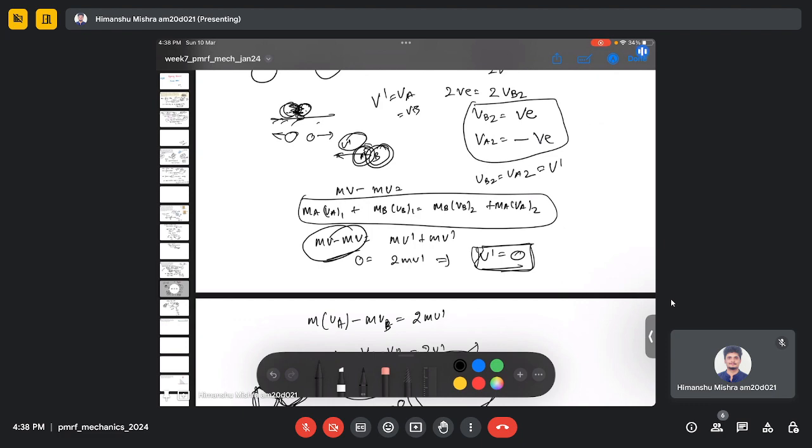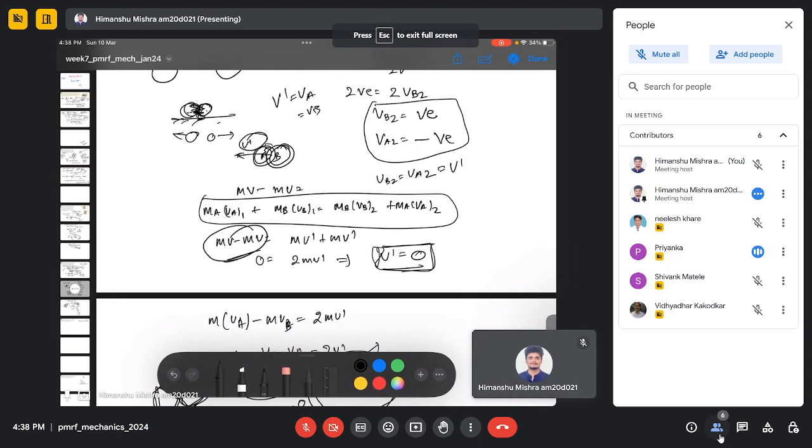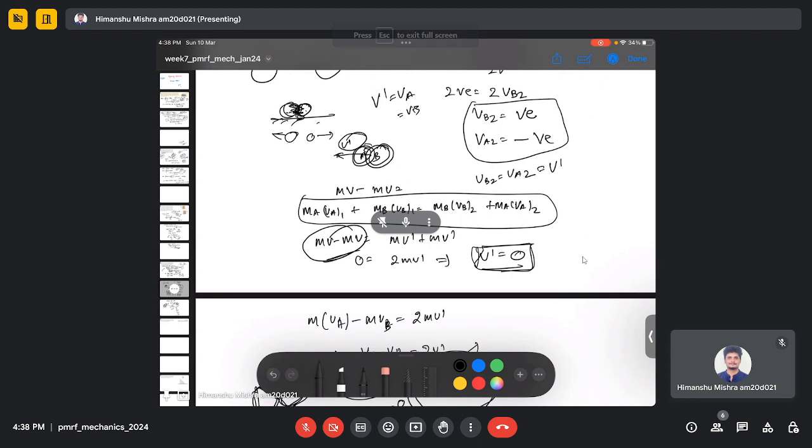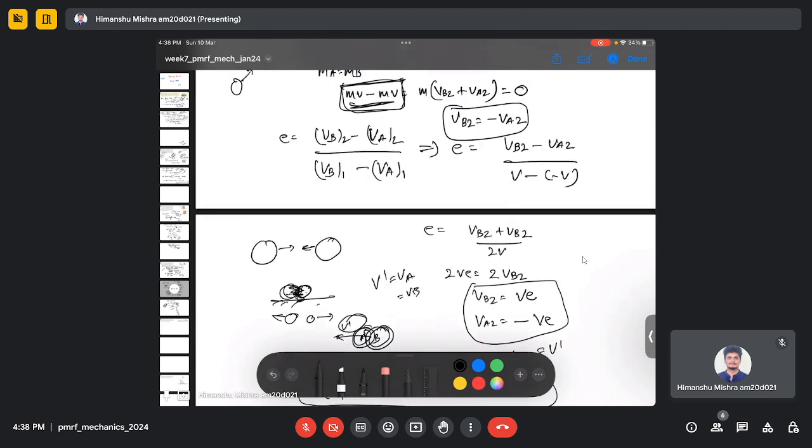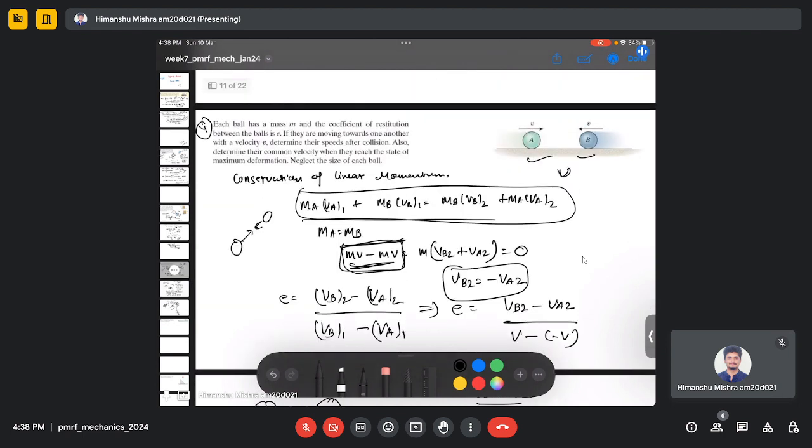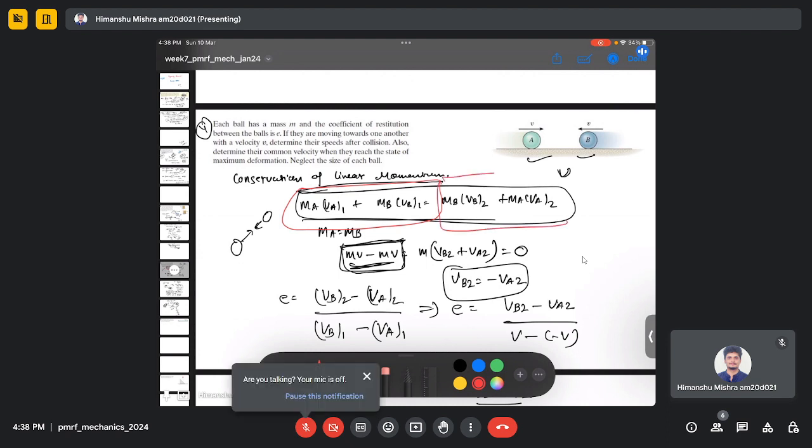Sir, since here it is moving together, then why are we getting the velocity of the first ball as minus V and the second ball as V, like in two different directions? Initially they were not moving in the same direction. The left hand part is the initial condition of this ball, where both balls were separate from each other. Then in the final state, they attach with each other.